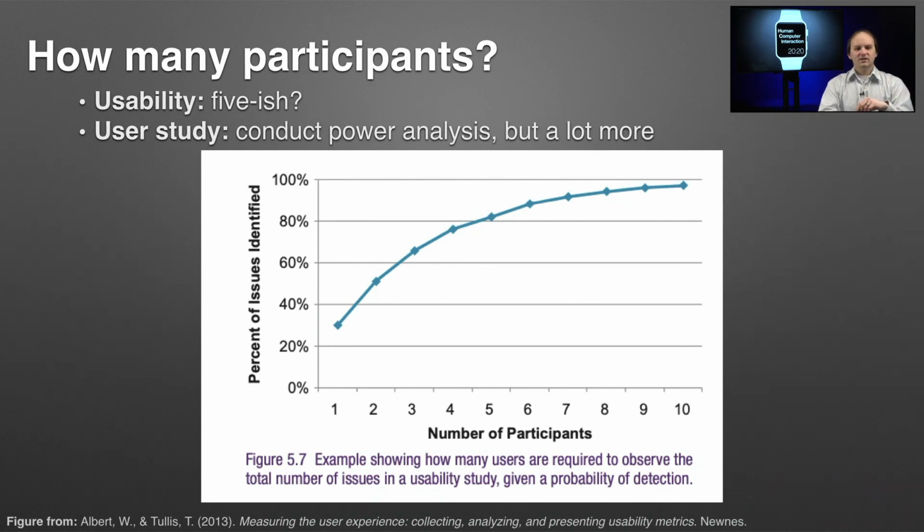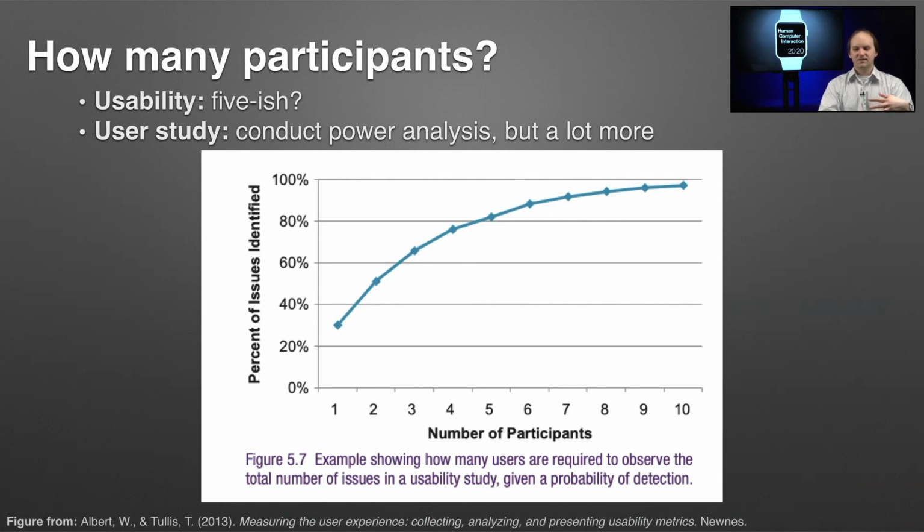One question that I want to address here is, how many participants do you need in a study? So the quick answer for a lot of designers, if they're just doing something informal, just want to get an idea of the basic usability feedback, some say about 5 is okay-ish, and some say no, that's not enough.